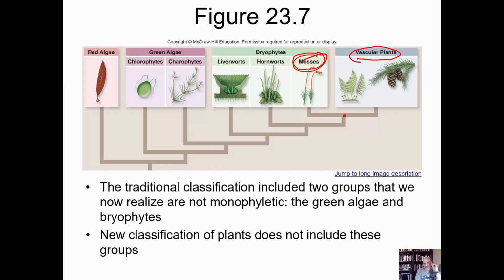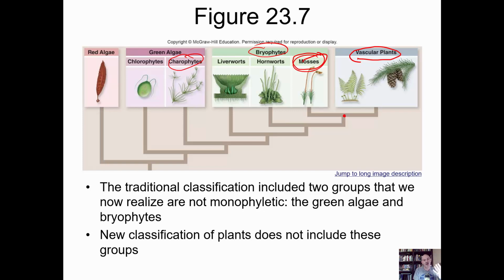Okay? The same thing: when we're talking about the bryophytes here, we've left out the charophytes over here, which traditionally we put as green algae, right? So these names may change because we may agree in the future to change this name and come up with a new classification scheme, or we may continue to refer to them as these traditional groups that are not monophyletic.